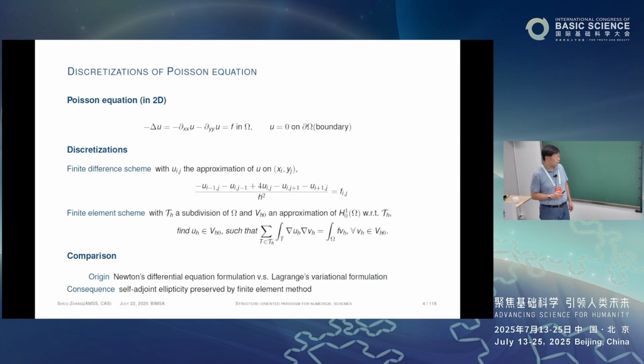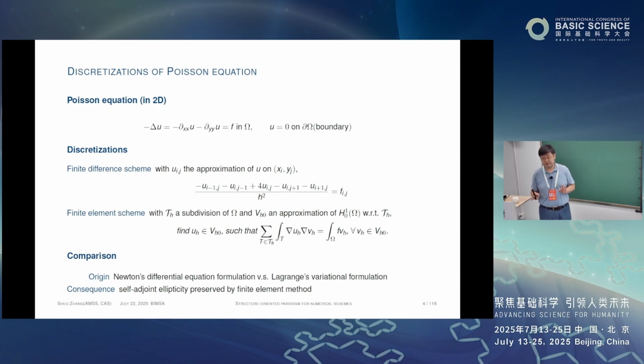A very basic observation is that by the finite element scheme, we can get a self-adjoint ellipticity. This ellipticity, this self-adjointness, is contained in the Poisson equation in its continuous form, and by the finite element discretization, we get this property preserved.